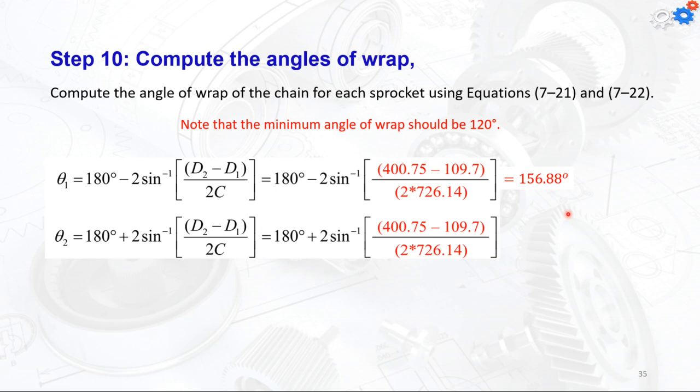If not, I said that we're going to suggest a new value for the C and a new value for the L. And of course, this will be something like doing an iteration. Well, it's okay, it's more than 120, so I'm going to calculate theta 2, which is going to be equal to 203.12 degrees. Remember that theta 1 plus theta 2 should be equal to 360, so check your answer and confirm it. If not, simply when you calculate theta 1, subtract it from 360, and you will get theta 2.